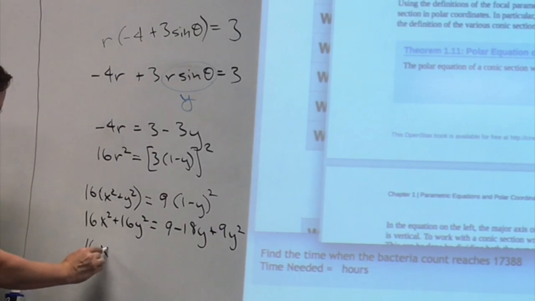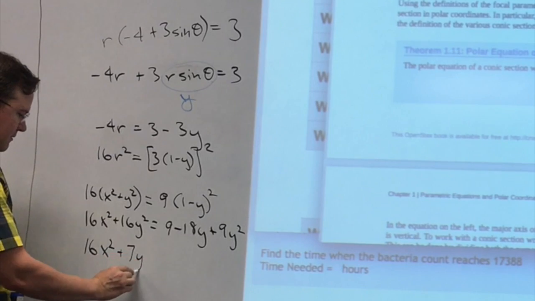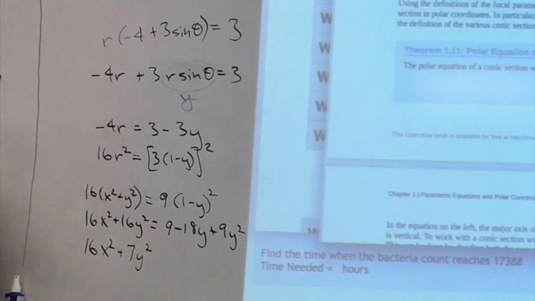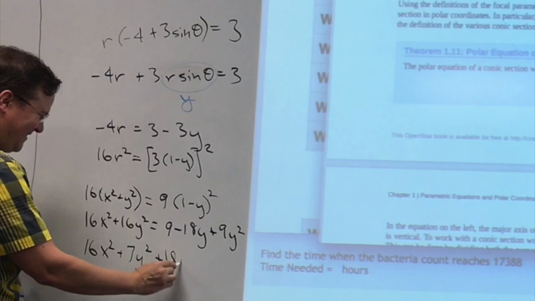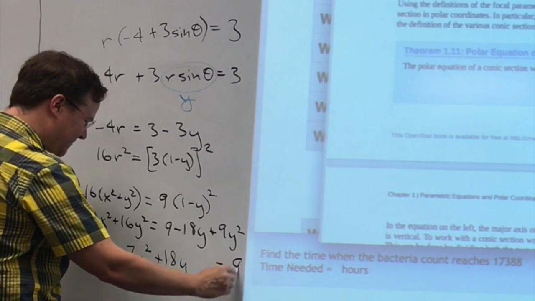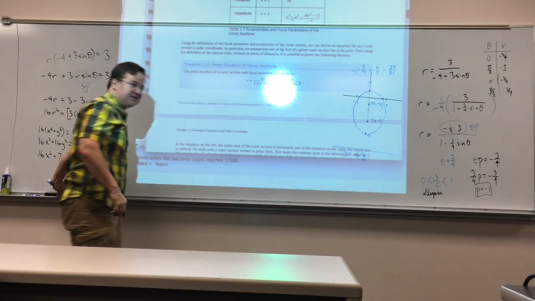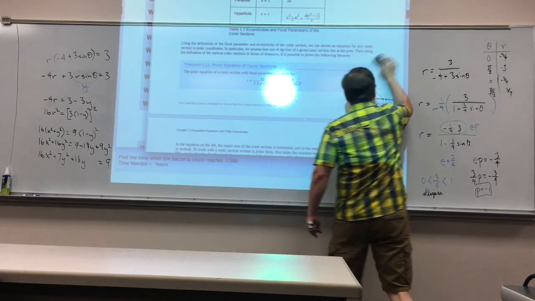So 16x squared, subtract the 9 from 16, that'd be 7, plus 18y, equals 9. At this point, it's starting to look like something familiar, something that we have been talking about. With some more work of completing the square, I did this once, but it wouldn't hurt to do it one more time. This is probably more relevant to the test right here.